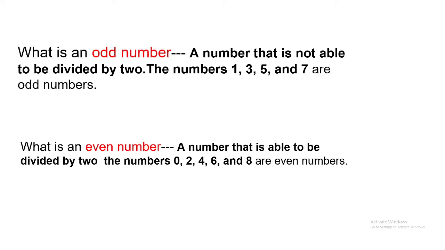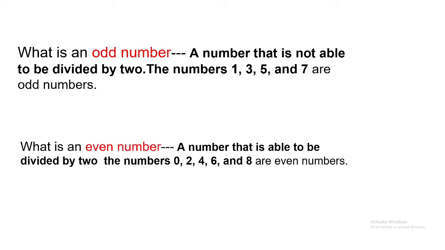Now, let's start by understanding what is an odd number. An odd number is a number that is not able to be divided by 2. Examples are 1, 3, 5, 7. If you divide 3 by 2, you will always get a remainder.